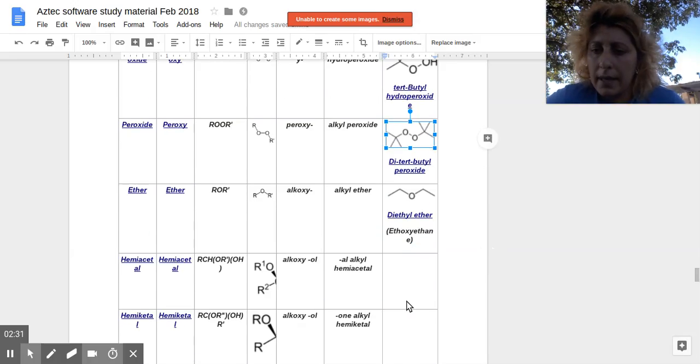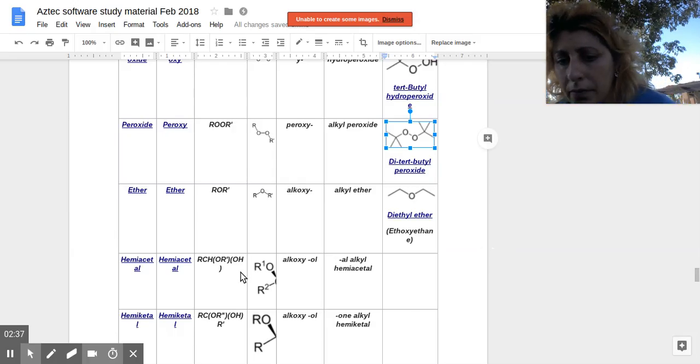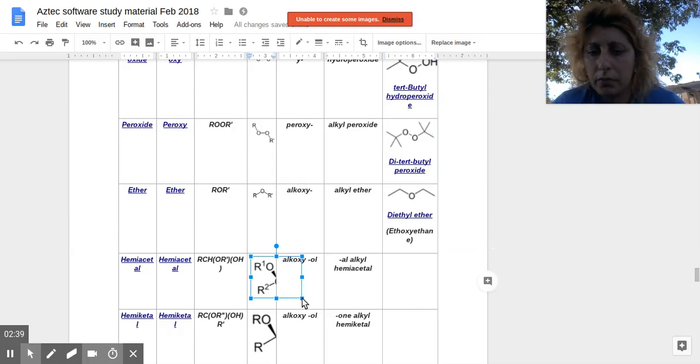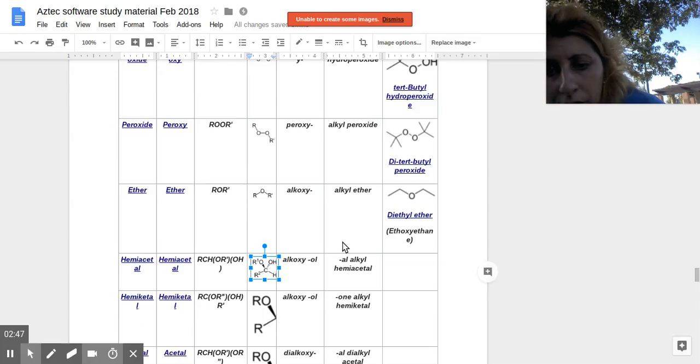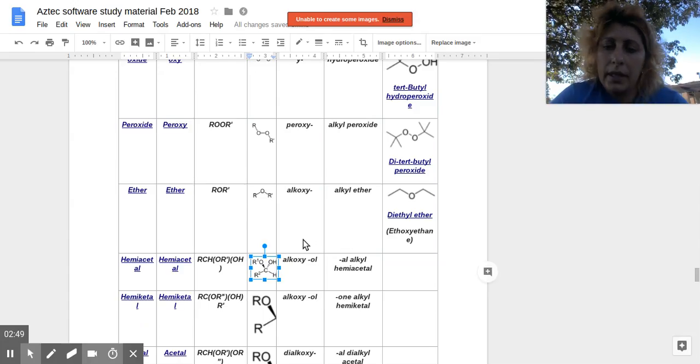So hemiacetal is RCHOR and OH. So you have a central carbon bound to an oxygen to an R, bound to another R group, bound to an OH group and an H group.